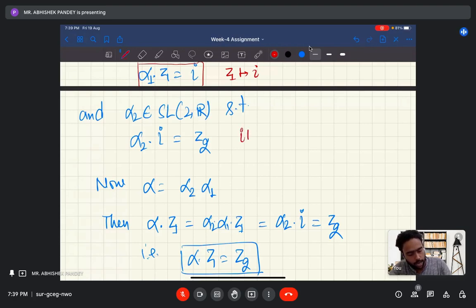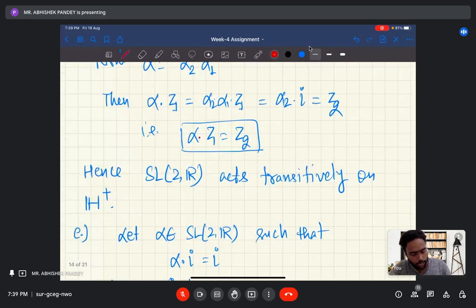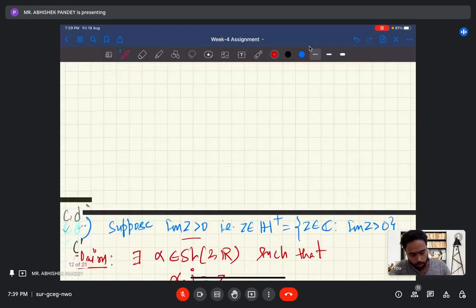Basically this is sending i to z2. Now define alpha equals alpha2 alpha1. So alpha·z1 will be alpha2 alpha1·z1, which is alpha2·i, which equals z2. So alpha·z1 equals z2. Hence SL2(R) acts transitively on H plus. So option C and option D both are true.